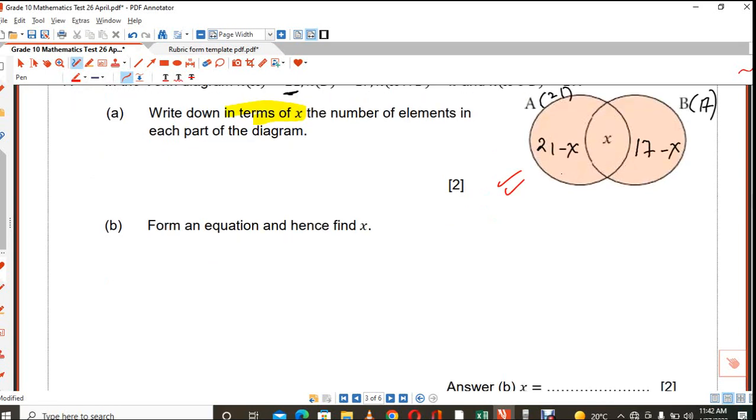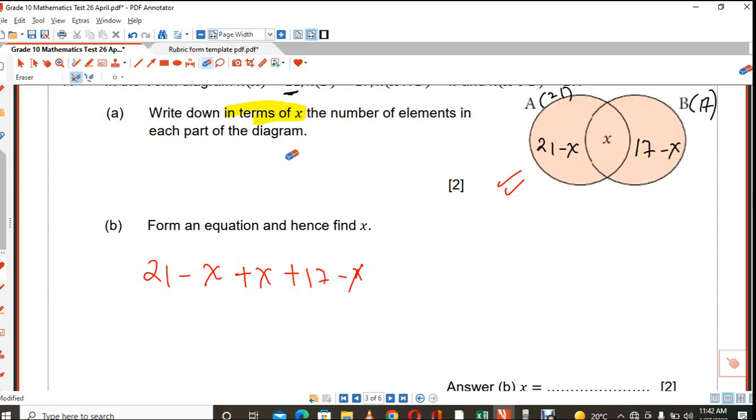The union, that means everything: 21 minus x plus 17 minus x. Can I just rewrite that? It looks horrible. So it's 21, take away x, add 17, take away x.